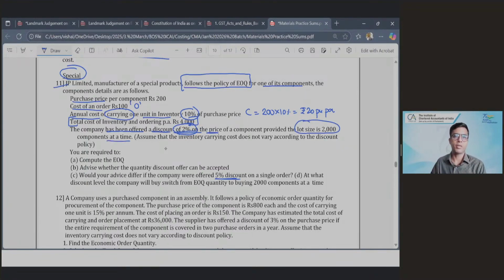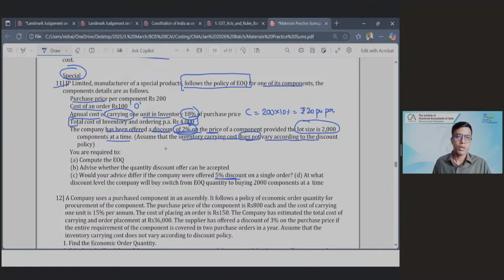And see, now the moment discount is given, they have given you this. Assume the inventory carrying cost does not vary according to discount, right? I will solve this by both the assumptions to give you the difference as to what happens if it varies and if it does not vary, just for our understanding and practice.